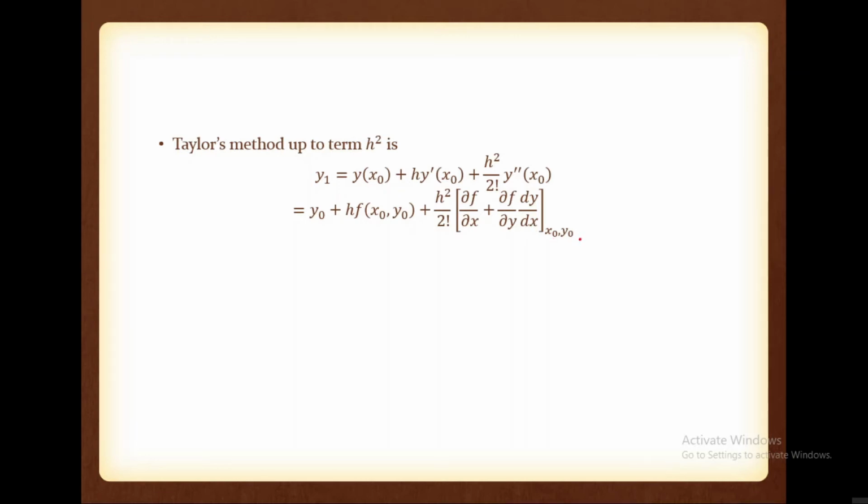Is it okay? So now for convenience, we can split this one into h by 2 into f of x0 comma y0 plus again h by 2 into f of x0 comma y0. Here this dy by dx is replaced with f of x0 comma y0.